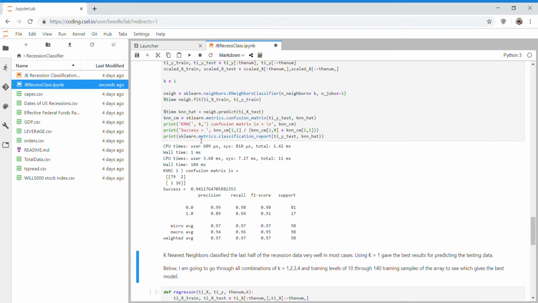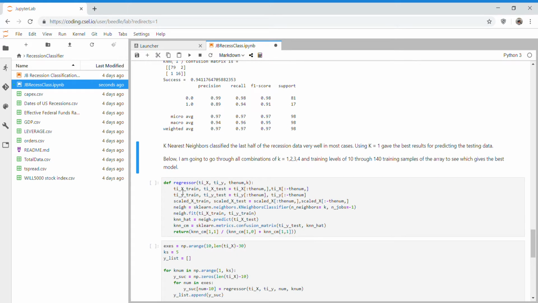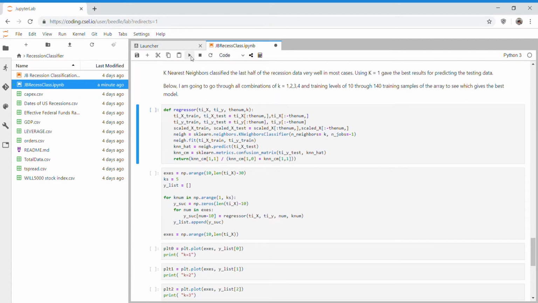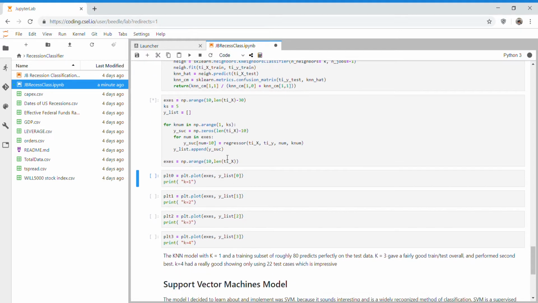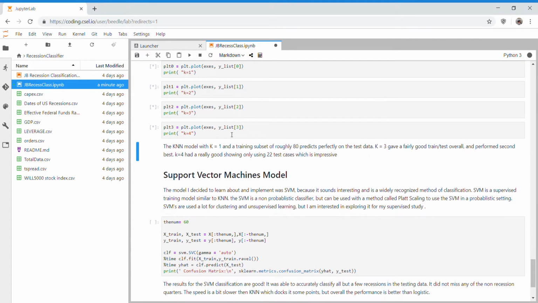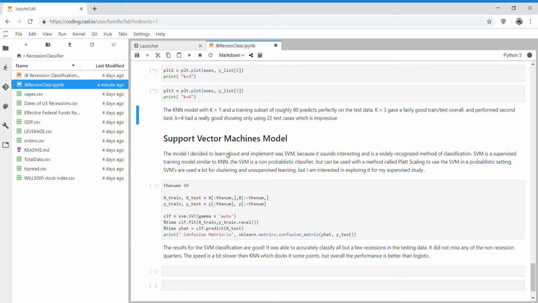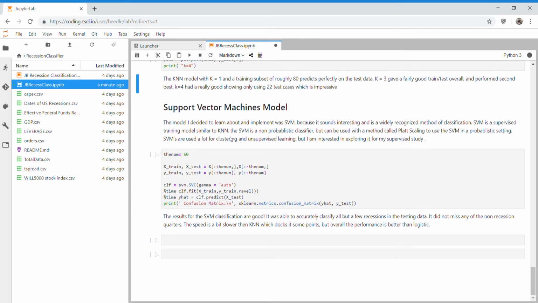Obviously, as you put the training numbers down, the success changes a little bit. What I do next is go through each iteration of K up to 4, and then I use all the different training sample values to both train and test to see which gives us the best K nearest neighbors result. And then I plotted that, and when those show up, I'll give more of a description there.